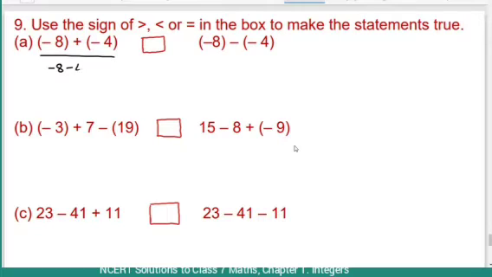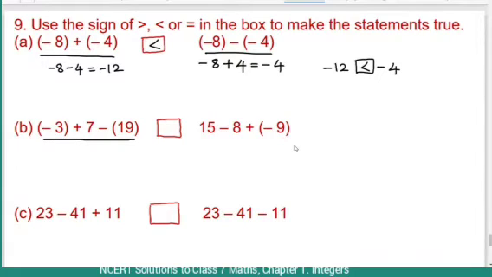So here to solve this, minus 8 minus 4 is minus 12 and minus 8 minus of minus 4 becomes minus 8 plus 4, that is minus 4. Here minus 12 and minus 4 means minus 12 is less than minus 4. So in the box we will be getting less than symbol.